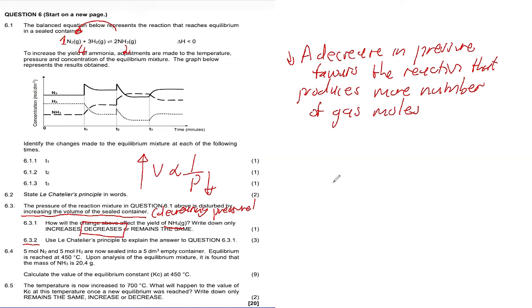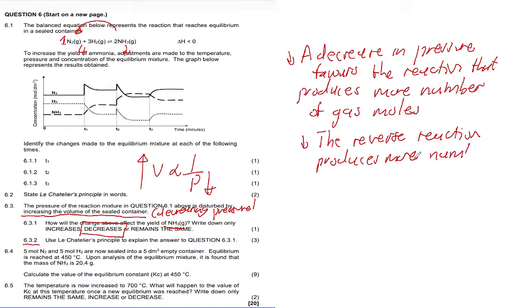And there is our explanation there. We say a decrease in pressure favors the reaction that produces more number of gas moles, right? And then we say, in that case, the reverse reaction produces more number of gas moles.